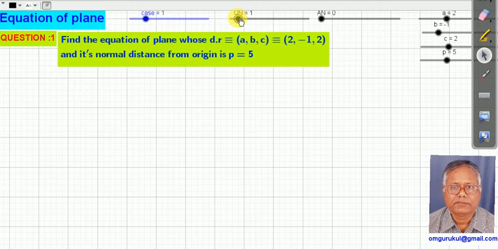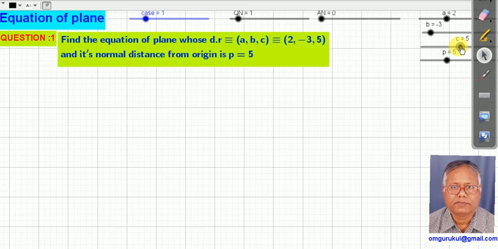Question 1. What I have taken? Find the equation of the plane whose direction ratio is A, B, C, meaning 2, minus 1, 2. That can be managed from these. It is a variable, whatever you want, you can change it. So let us change it also. I am making it minus 3. So the direction ratio is 2, minus 3, 2.